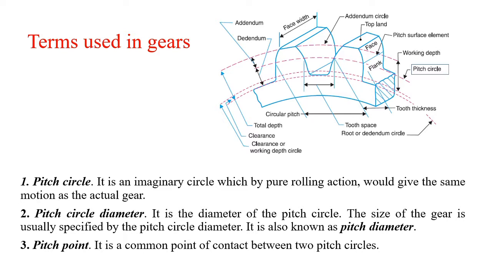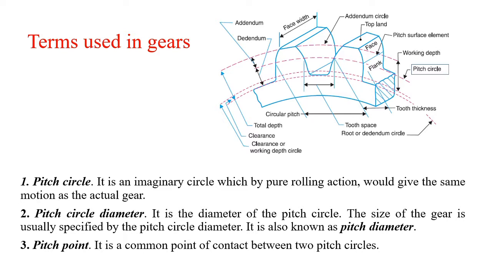It is an imaginary circle that we do not observe on the actual gear, but which by its pure rolling action will give the same motion as that of an actual gear. Usually all gears are represented by pitch circles while drawing or doing any calculation. Therefore, the pitch circle is very important.